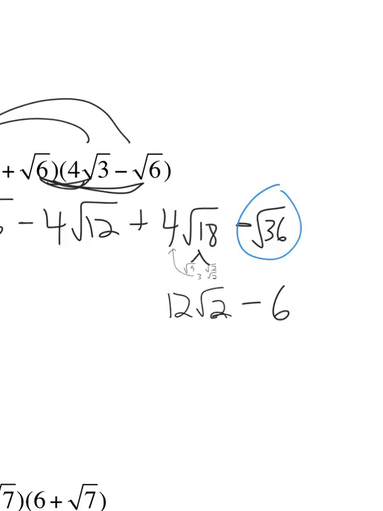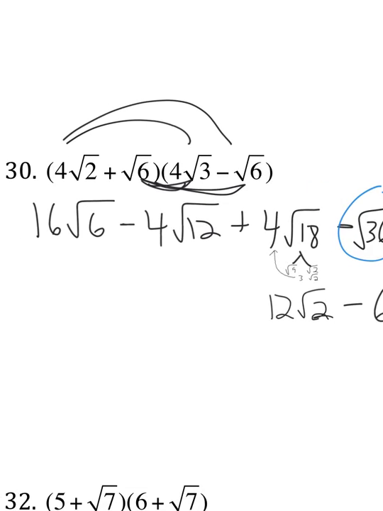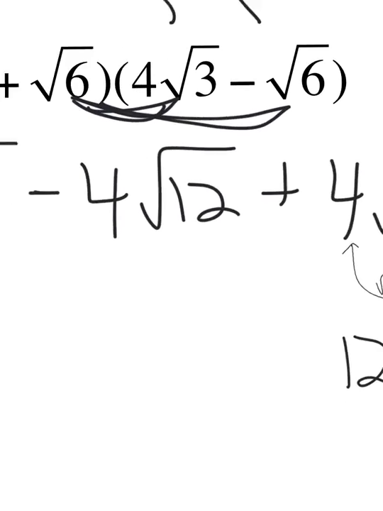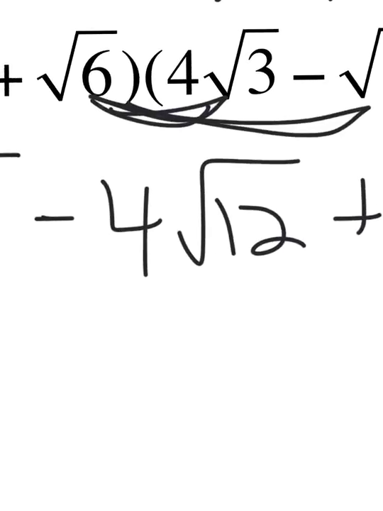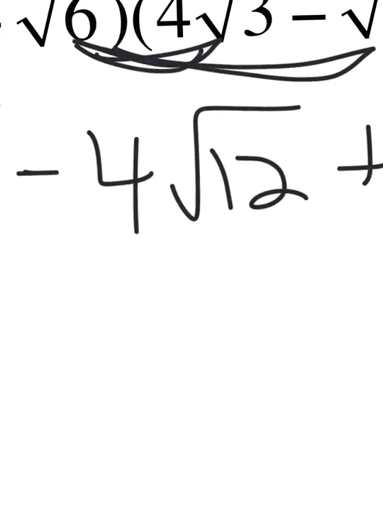And then over here, let's get a little zoomage. Dealing with negative 4 square root of 12. Square root of 4, square root of 3. It's 2 square root of 3, but I have to include the negative 4 there.